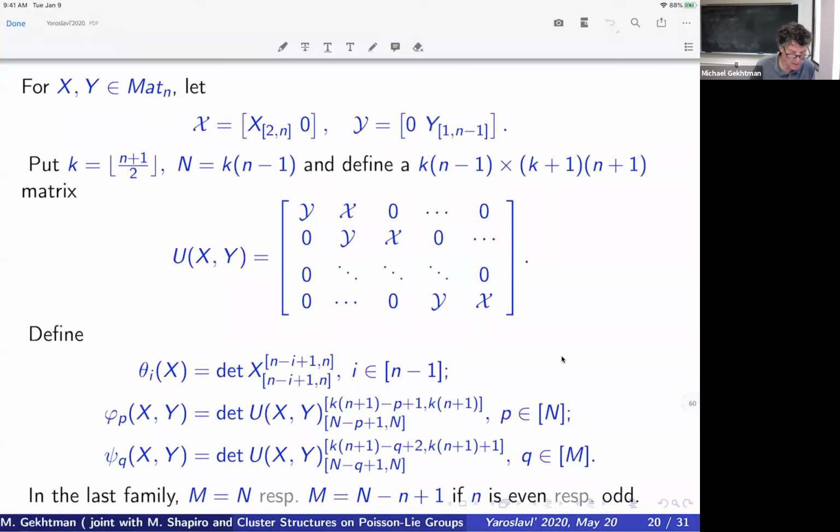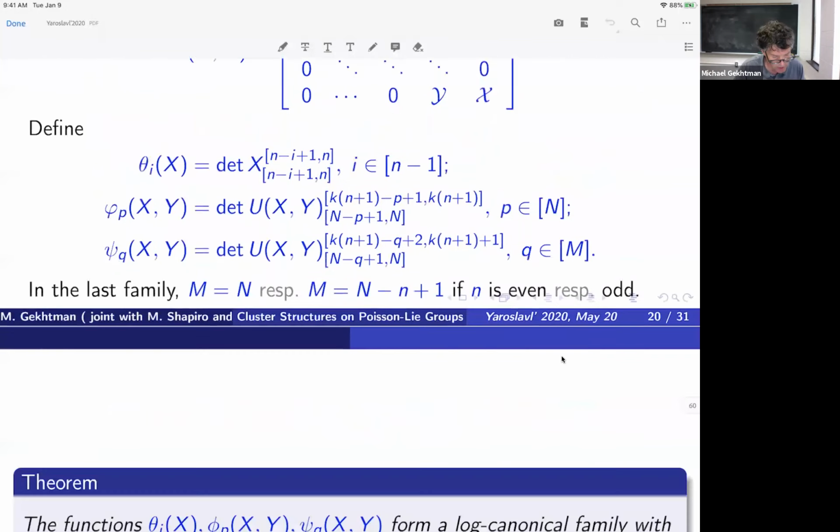This is a family theta. And then we have 2 nested families of minors of this huge matrix U. And if you add them all together, you will see that you'll get this way exactly n square functions. So again, they're quite complicated, but they are minors of these composite matrices.